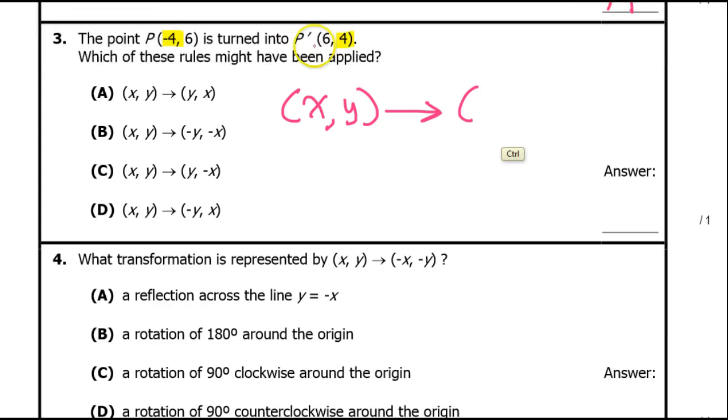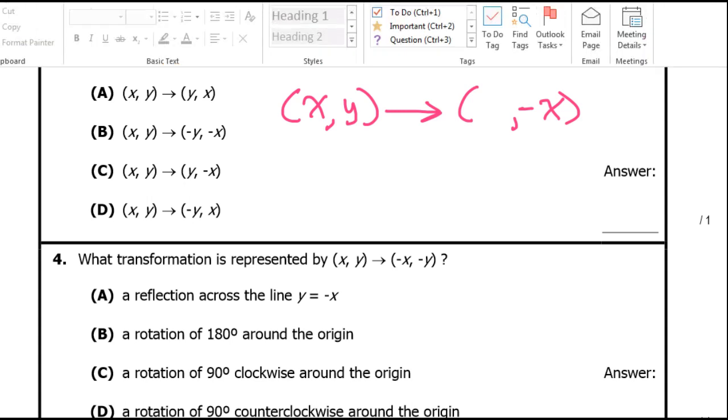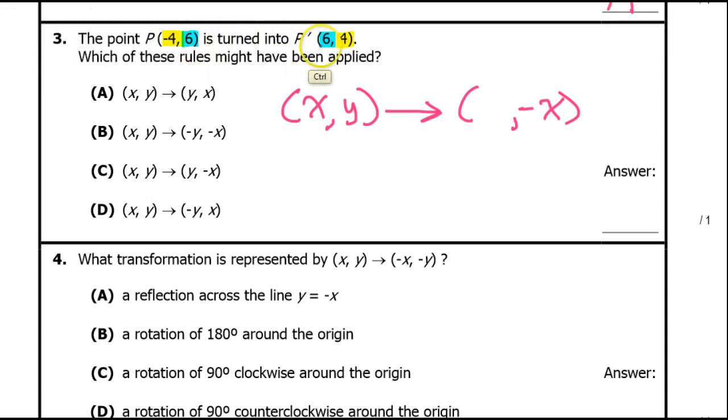So the x value is ending up here, and it is the opposite of what it was. -4 became +4, and so I put the opposite of x, with this little minus sign meaning opposite. And then the y value was 6, and I see a 6 here. So the y value stays the same, but it just moves from the second position to the first position. So that'll just be a y value right there.